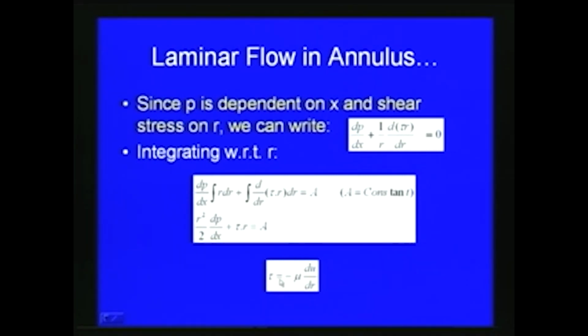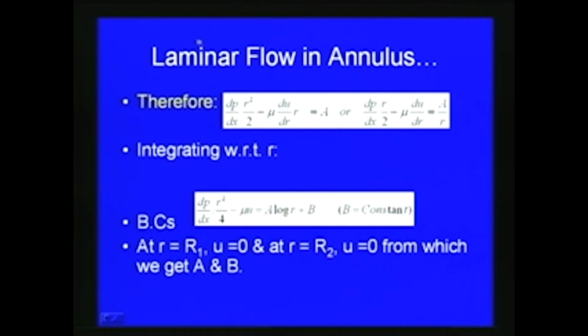Therefore, the laminar flow in the annulus we can finally write as dP by dx into r square by 2 minus mu into du by dr into r is equal to A, or dP by dx into r by 2 minus mu into du by dr is equal to A by r.